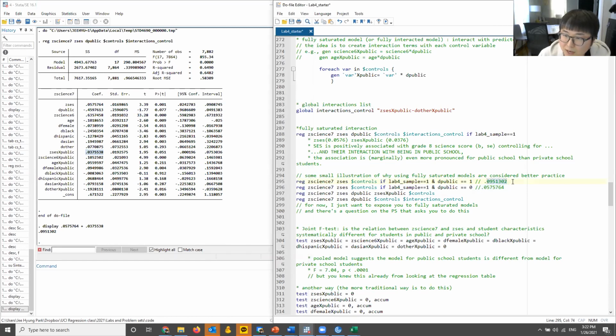That's 0.0951302, right? And so you can kind of tell already, when you have the fully interactive model, when you add controls, you can replicate the coefficients you got. And that's because your covariates are interacting with the public. That's why the estimates are changing whether you add the fully interactive controls or not. So it's kind of important because otherwise interpretation can change a lot.